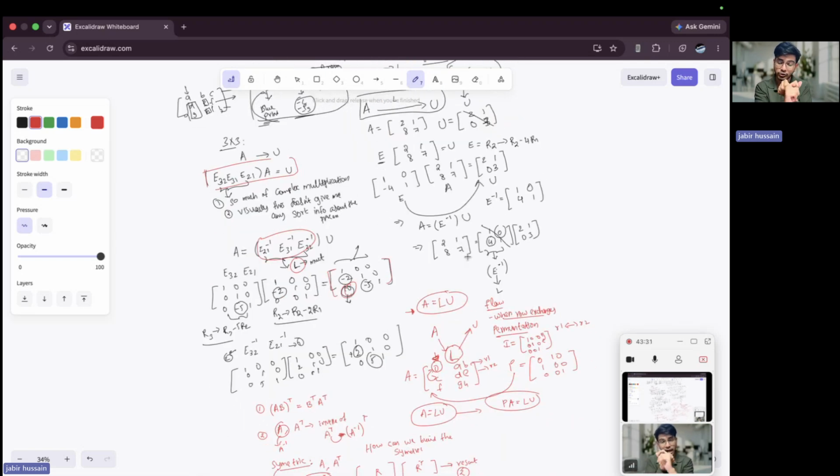And one more thing is that I have specifically mentioned that A equals LU will fail if there are any sort of row exchanges. To tackle that, we use a permutation matrix.